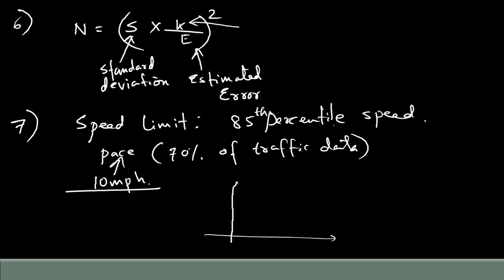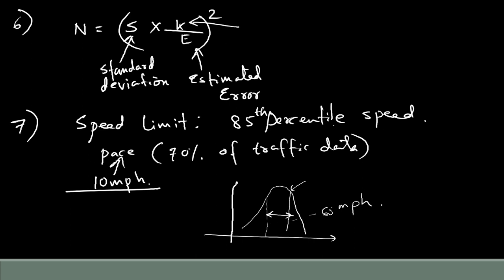Let's say the 85th percentile speed is the speed limit, right? You get the traffic distribution something like this. Let's say this point is the 85th percentile speed. So if this is the upper limit, and you take the lower limit as, let's say, 10 miles per hour less, then this range is the pace. Let's say the speed limit is 65 miles per hour, and 10 miles less is 55.